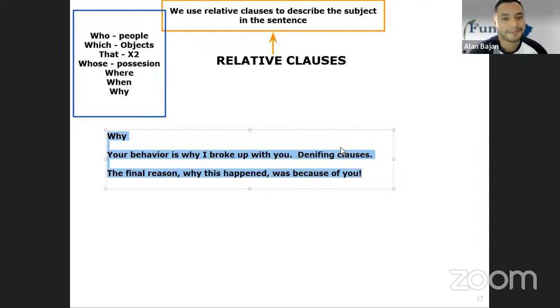Parece lo mismo, pero no es igual. No vayan a responder. Why are you here? Why I want to learn English. No, no es correcto. Ahí están mezclando. ¿Sí?